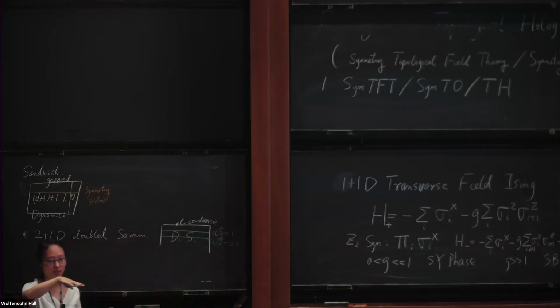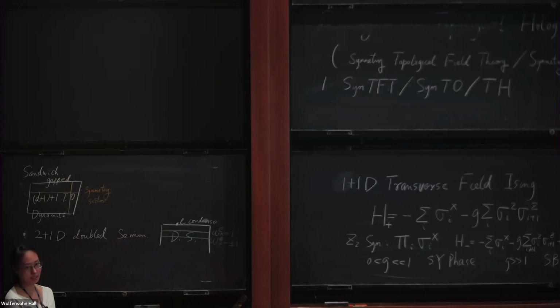So the semion string operator becomes the Z2 symmetry of the sandwich. So the sandwich, once we compress it down, becomes a 1 plus 1D spin system with zero form Z2 symmetry. But this zero form Z2 symmetry is anomalous.